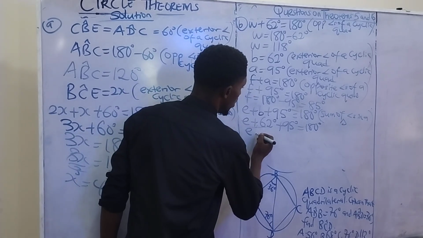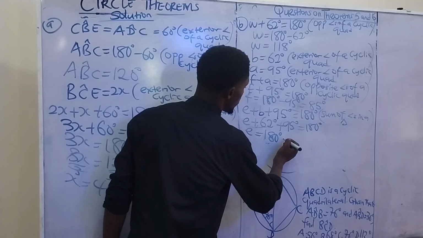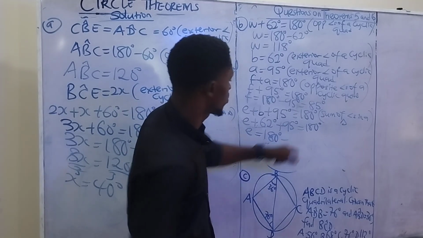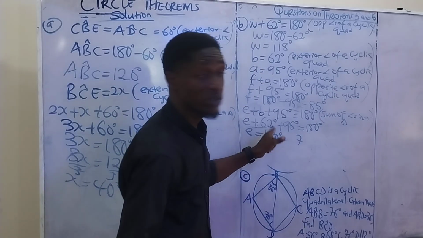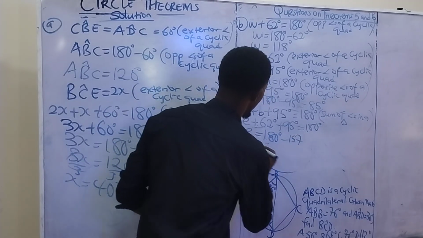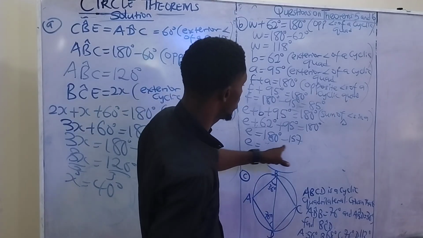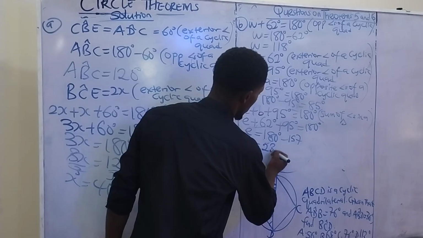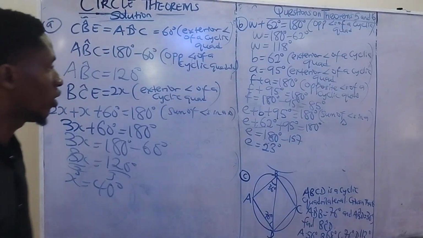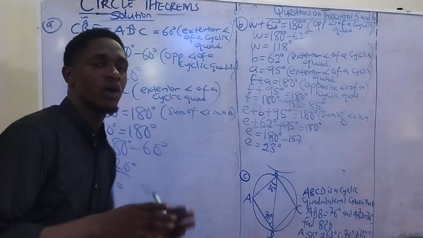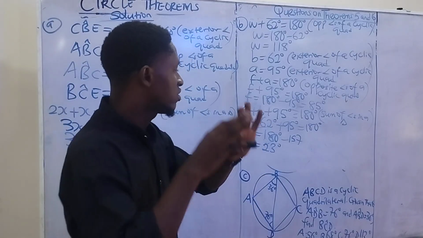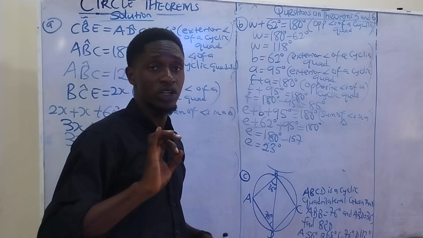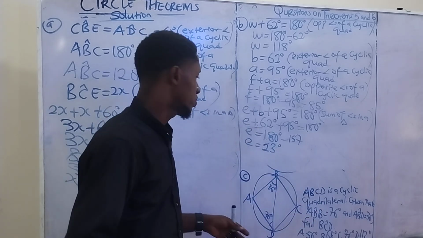So E is equal to 180 degrees minus 62 plus 95. 5 plus 2 is 7. 9 plus 6 is 15. So we have E is equal to 180 minus 157, which gives us 23 degrees, and that is all. So you can see, once you know your opposites, the angles of a cyclic quadrilateral that are opposite to each other, and the exterior angle, you'll be able to get it.